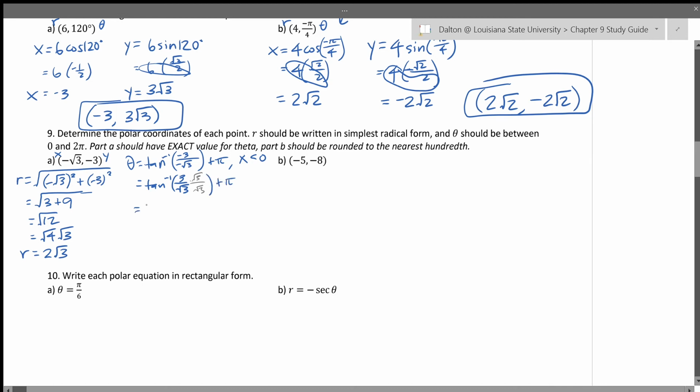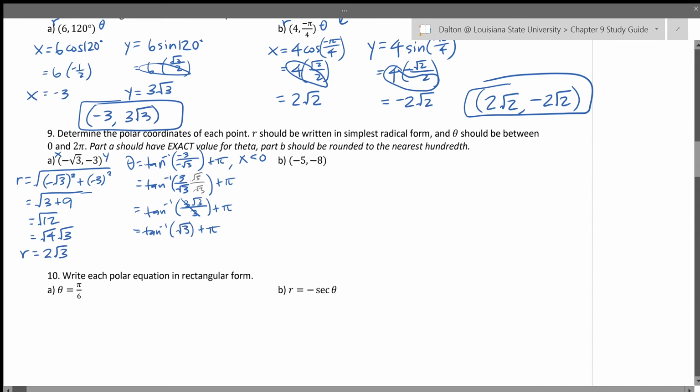So then this is going to equal tangent inverse of 3 square roots of 3 over 3, plus pi, which, 3 over 3 is 1. So it's just tangent inverse of square root of 3 plus pi.